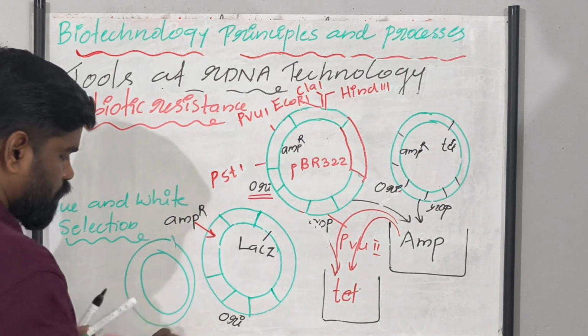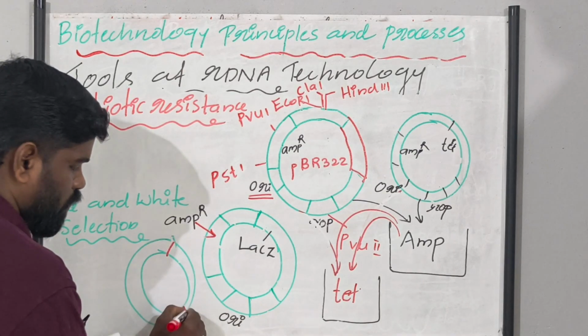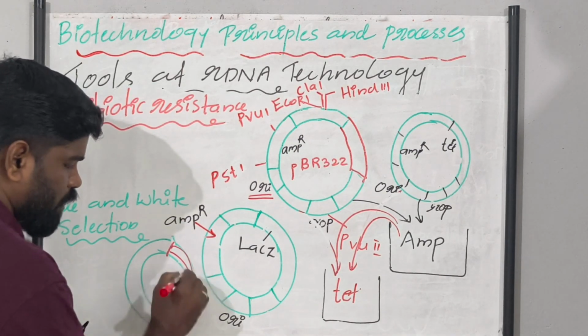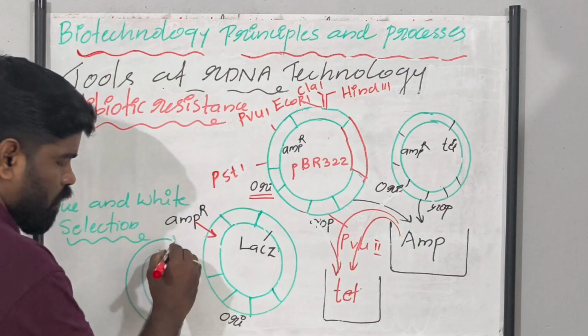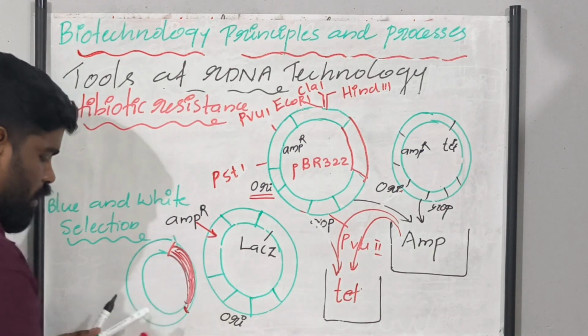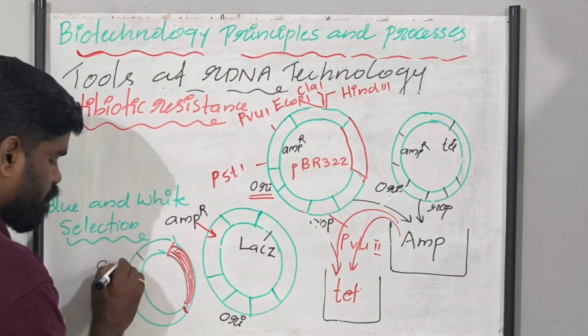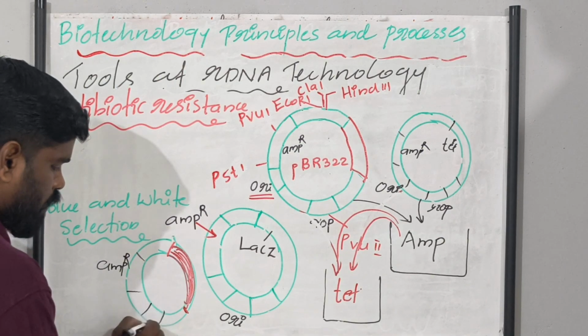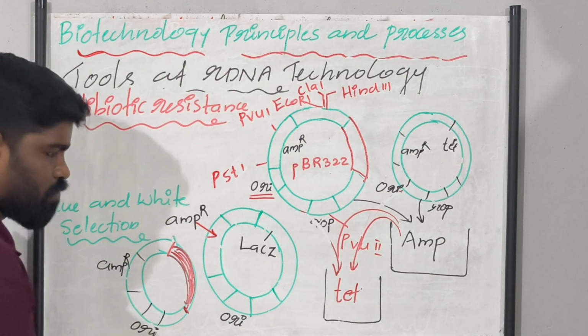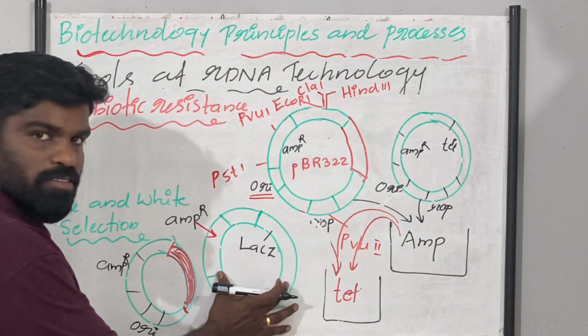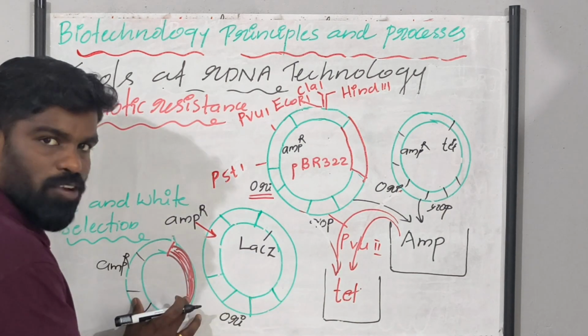Consider this as a small DNA fragment that we ligated in the LacZ gene. Here we can see the AmpR, and this is the ORI site. This is the non-recombinant and this is the recombinant.